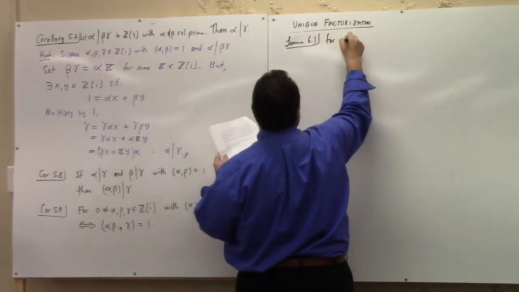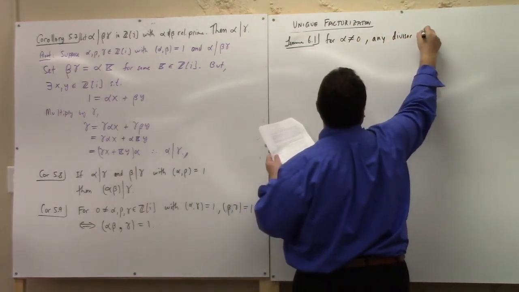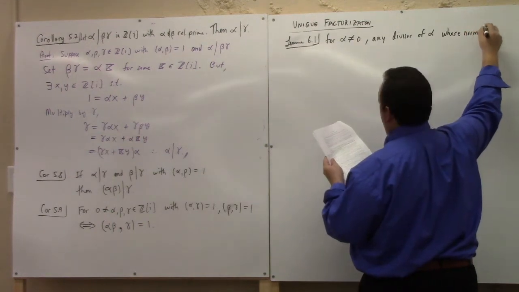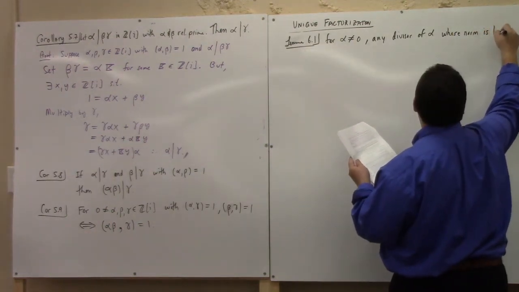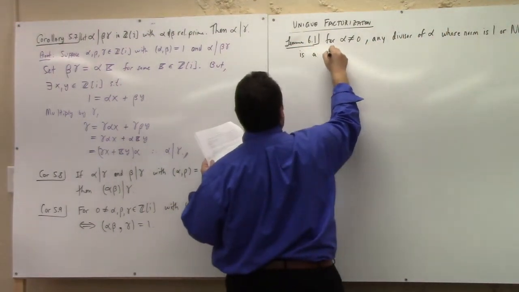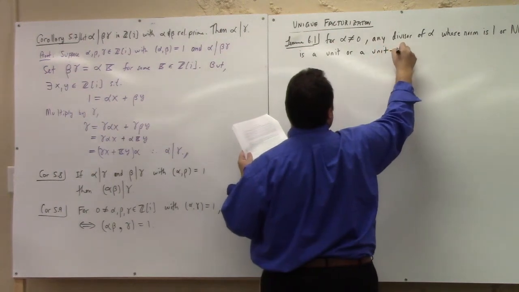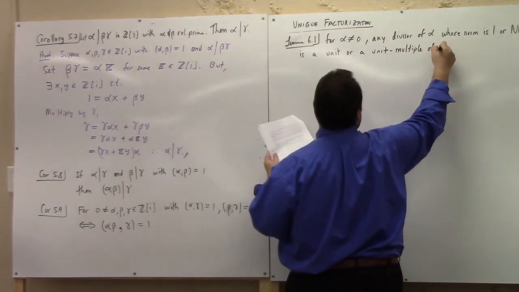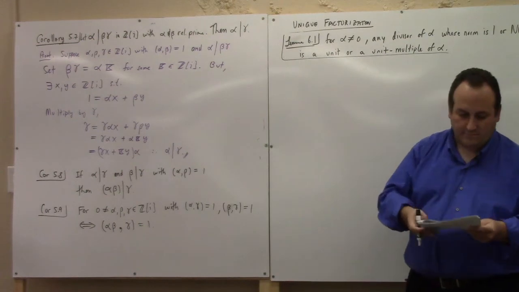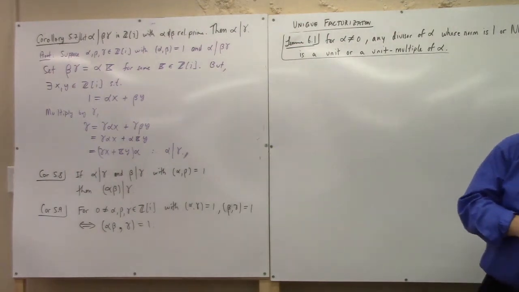For alpha not equal to 0, any divisor of alpha whose norm is 1, or an alpha, is a unit or a unit multiple of alpha. Let's go through his proof.